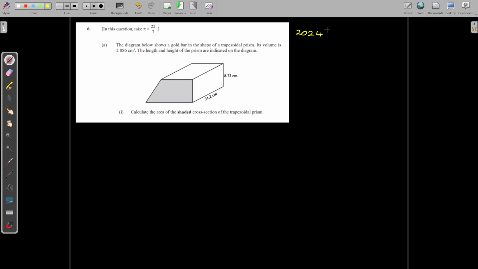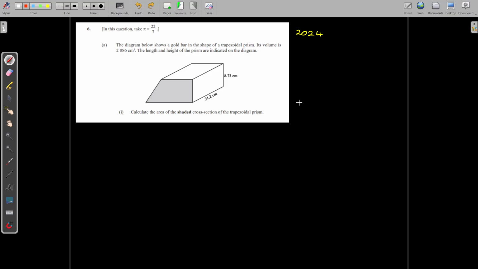The diagram below shows a gold bar in the shape of a trapezoidal prism, and we know that a prism is basically a particular shape where if we cut it, we should be able to get that same cross section throughout. If we cut this prism down the line here, we're going to have basically the same shape throughout. So that's what we define a prism as.